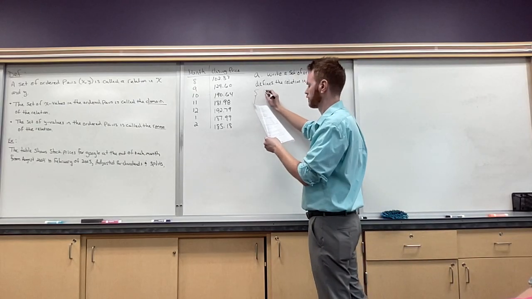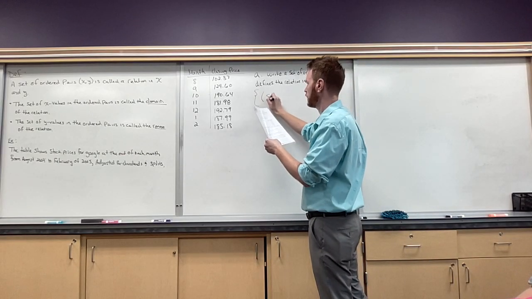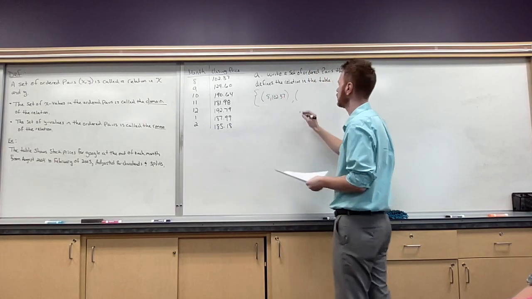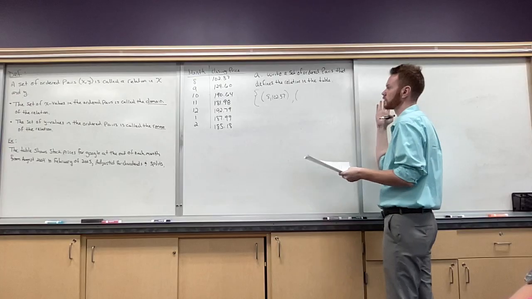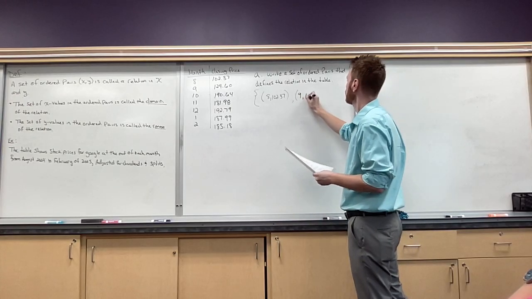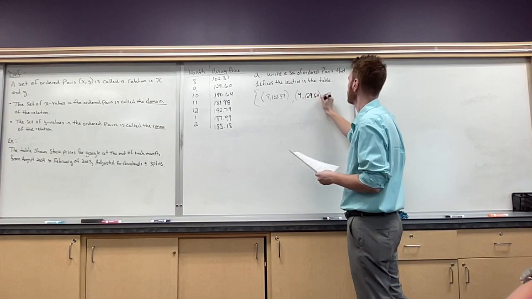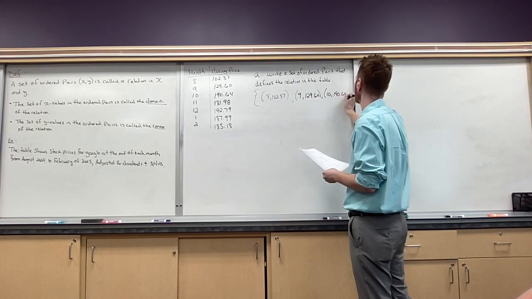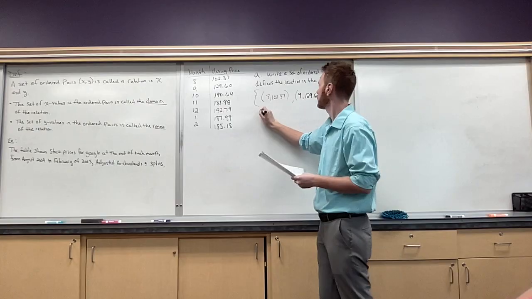So here we go. So we're just going to get 8, let's see, 102.37. They get paired up together. And again, I'm just going to continue to list the rest of them. So it'd be 9, 129.60, 10, 190.64. I'm out of space.